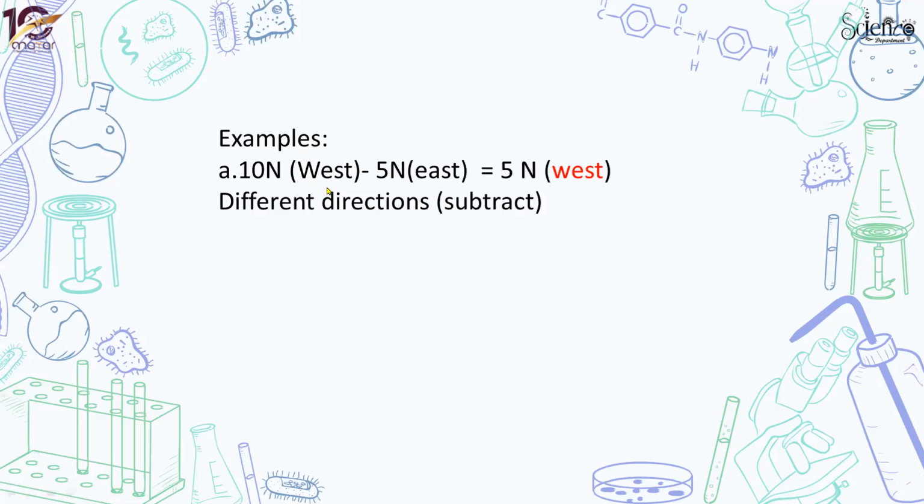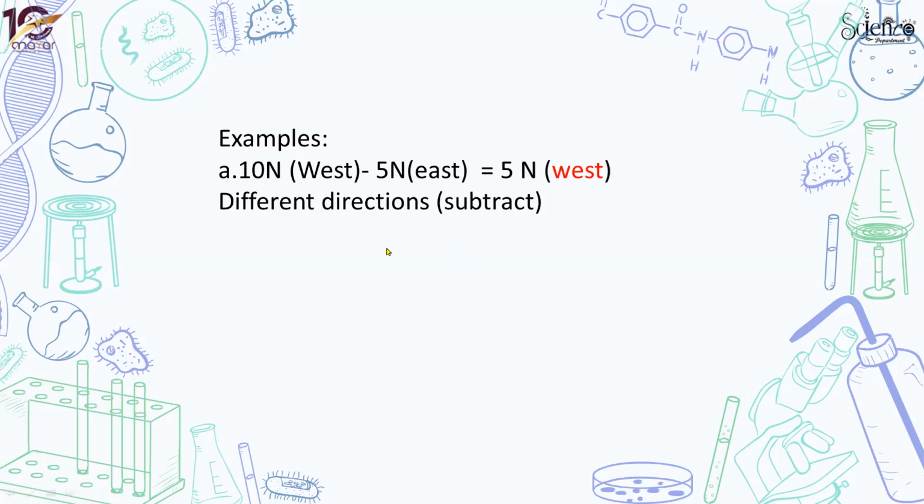One is acting to the west, and the other to the east. Opposite directions. Since they are opposite, I subtract, and the net force is going to be 5 Newtons to the west. Why to the west?